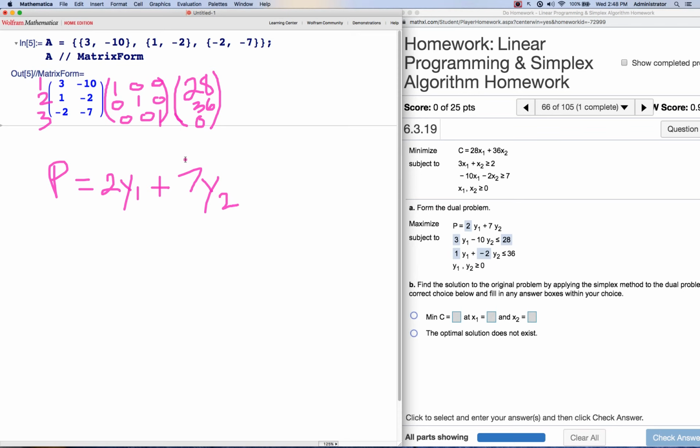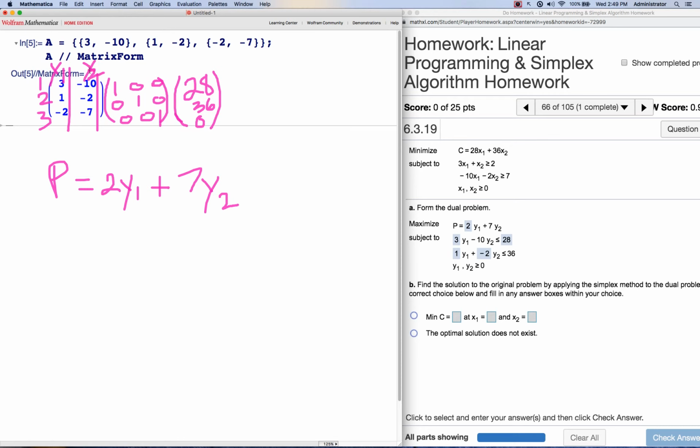Well, what are the values of y1 and y2? This is the y1 column, this is the y2 column. Those are non-basic columns.